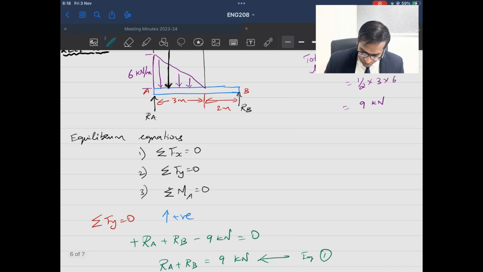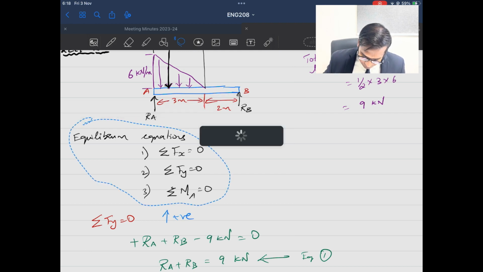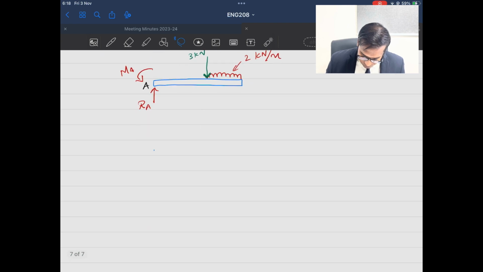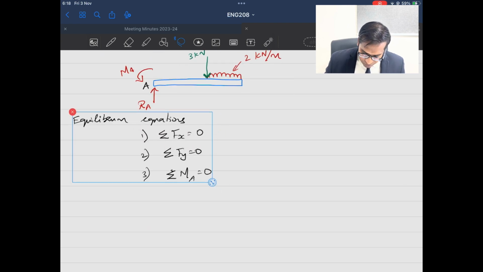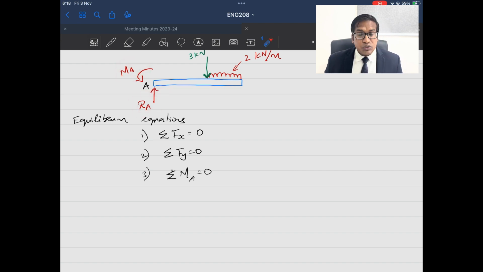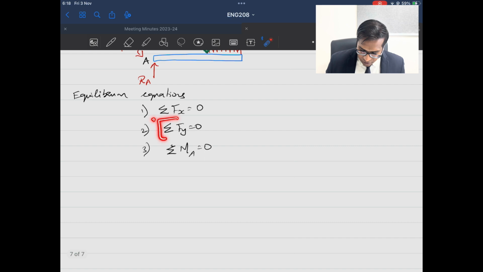See, there are two unknowns, so we have to use two equations. As usual, there are no horizontal forces, so I will not consider this, and I will be using only two equations.